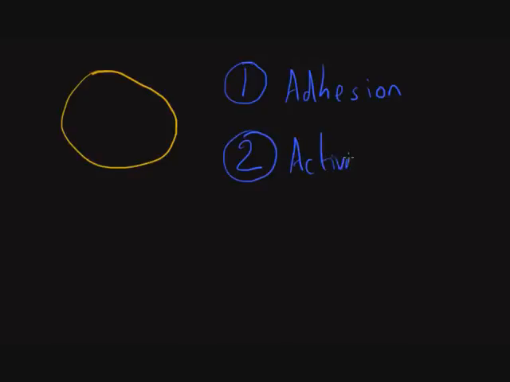The second is activation, both through the process of adhesion and through other factors which include positive feedback from other activated platelets themselves, and from, for instance, thrombin, which is produced as a product of the coagulation cascade.